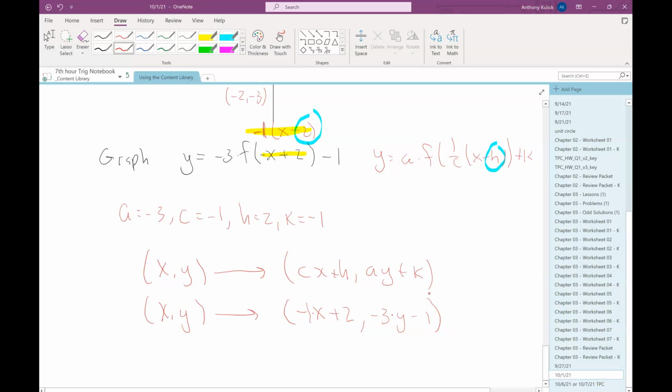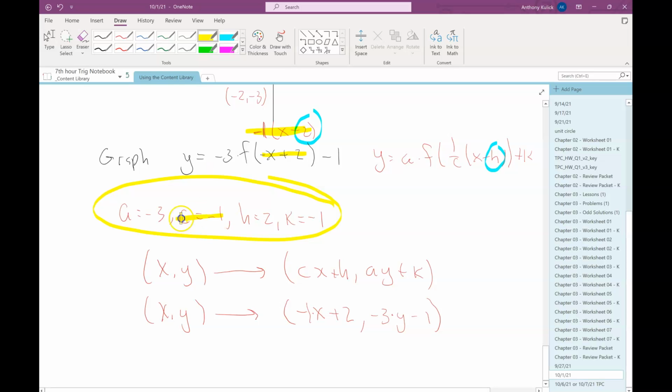So I have -1 times x plus 2 and -3 times y minus 1. Is everybody okay there? All those points from the graph, I plugged those in for my specific a, c, h, and k.